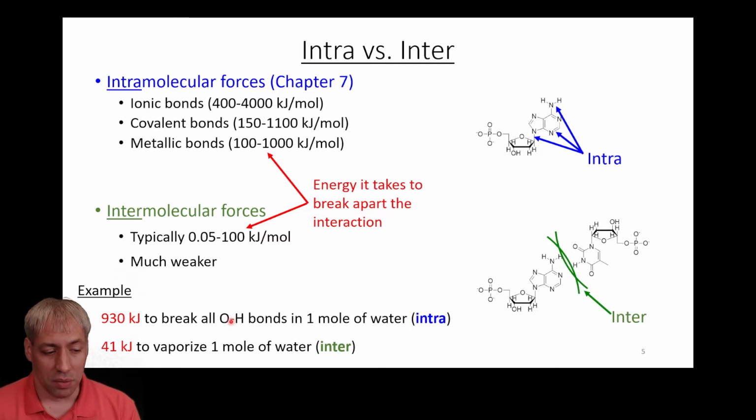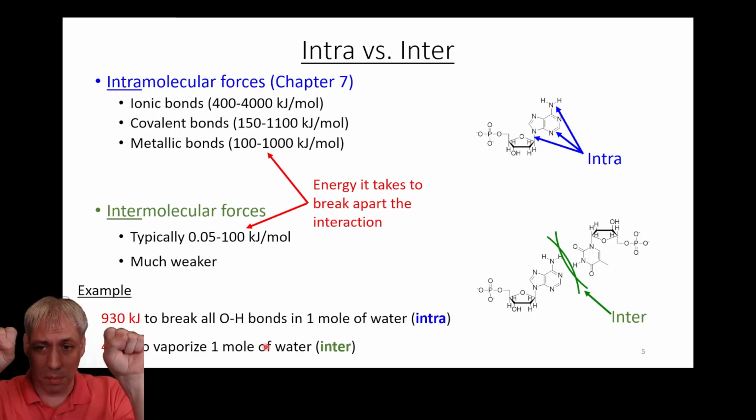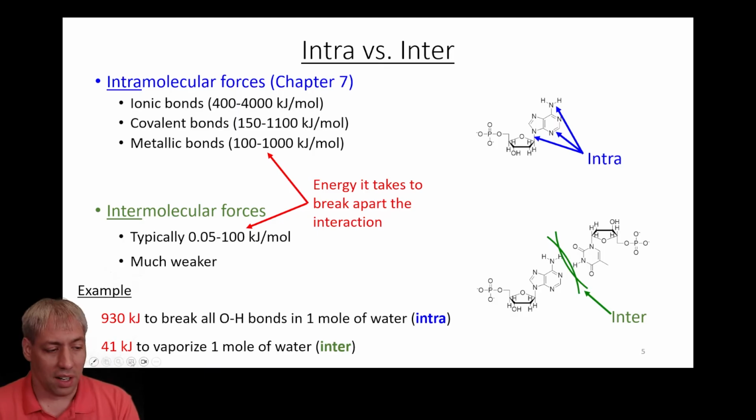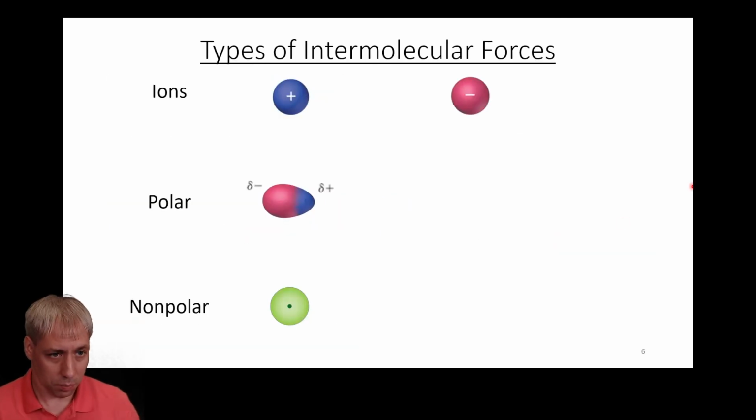In contrast, if you want to take 1 mole of water, which has hydrogen bonding and dipole-dipole interaction, to break up the interaction between H2O molecules, that is, have an H2O here, have an H2O here, if you want to break that apart, it's only going to cost you 41 kilojoules per mole. And so again, these numbers emphasize the difference between, say, a covalent bond and a dipole-dipole or hydrogen bonding interaction. And that's what's dictating the range of these energy values.